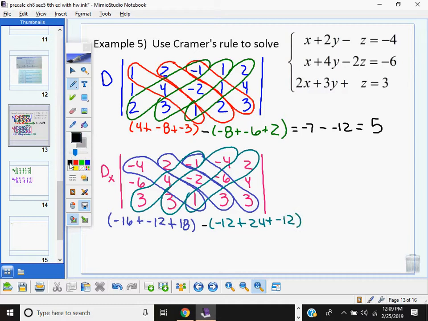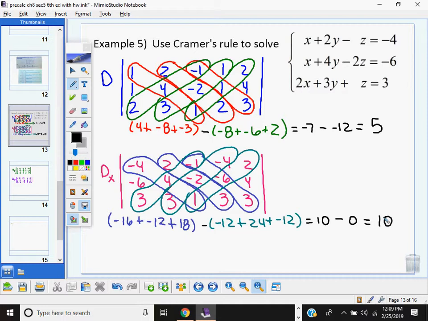Now let's finish this. Negative 16 plus negative 12 is negative 28, plus 18 would give us negative 10. Bring over your minus. Negative 12 plus 24 is 12, and 12 minus 12 is 0. So we end up with 10 minus 0, which is 10.